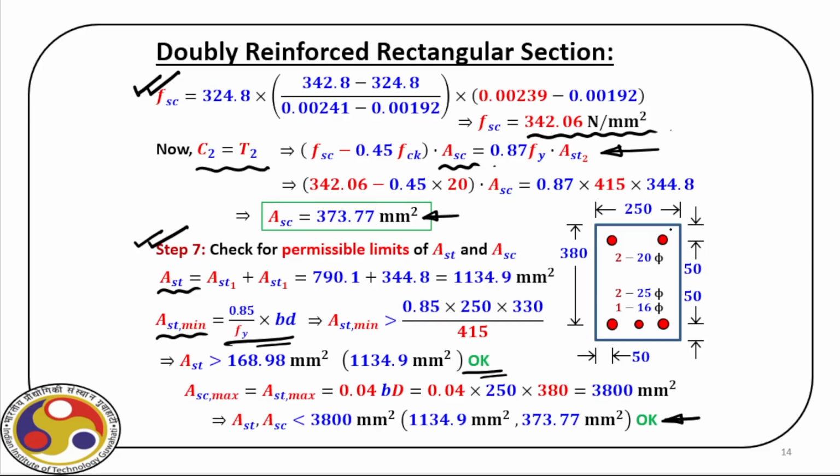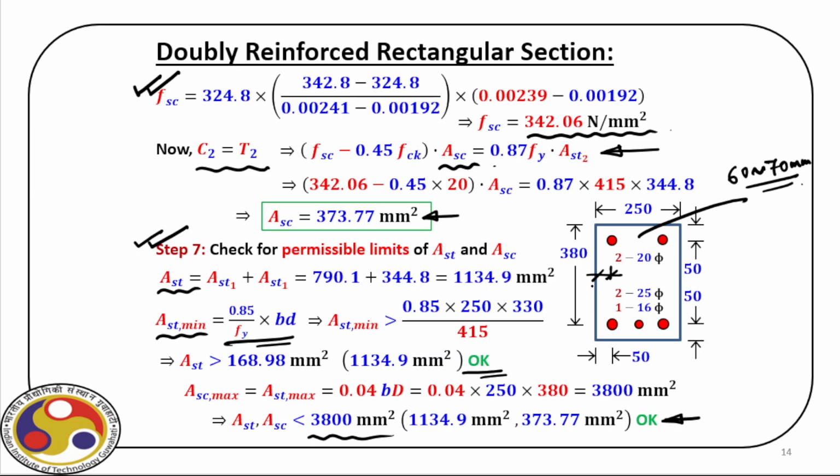Then we have to provide the amount of steel, because you cannot leave it at this stage. You have to identify the diameter of the bars and how many bars you have to provide. And we have already explained that you have to maintain sufficient distance between two bars, preferably 60 to 70 millimeter, and accordingly you have to provide the number of bars.